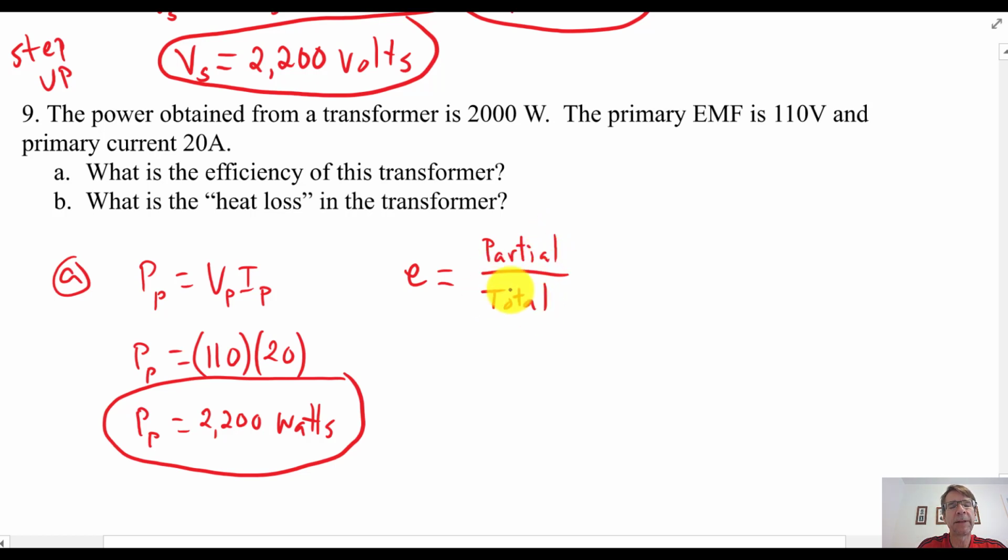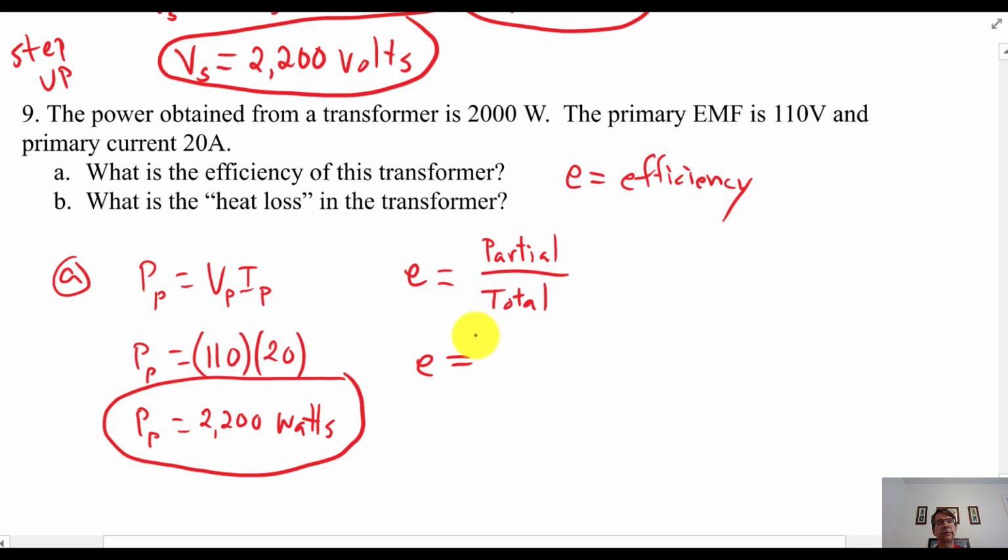Let me explain what I mean. Where I'm using the letter E, E means efficiency. Okay, I misspelled it. E-F-F-I-C-I-E-N-C-Y, efficiency. Okay, partial over the total. They want the efficiency here. This is what I mean, partial over total. You can use this for any general definition of efficiency.